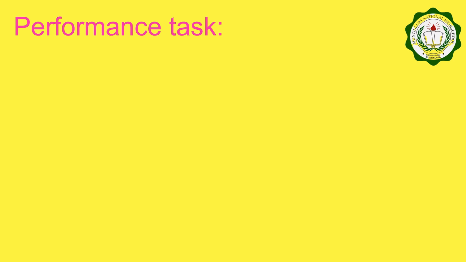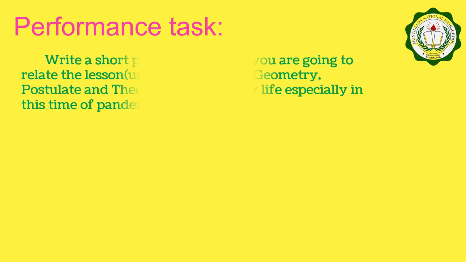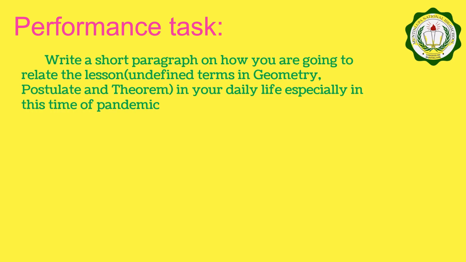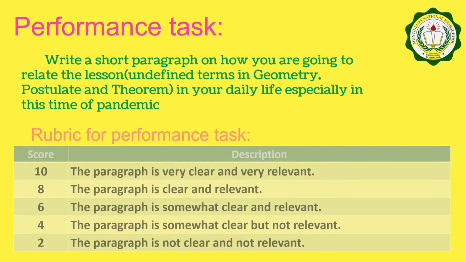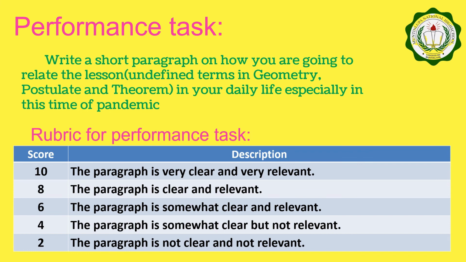For your performance task, I want you to write a short paragraph on how you are going to relate the lesson, which is undefined terms in geometry and postulate and theorem, to your daily life, especially in this time of pandemic. You will be graded according to this rubric. If your paragraph is very clear and very relevant, the score is 10.